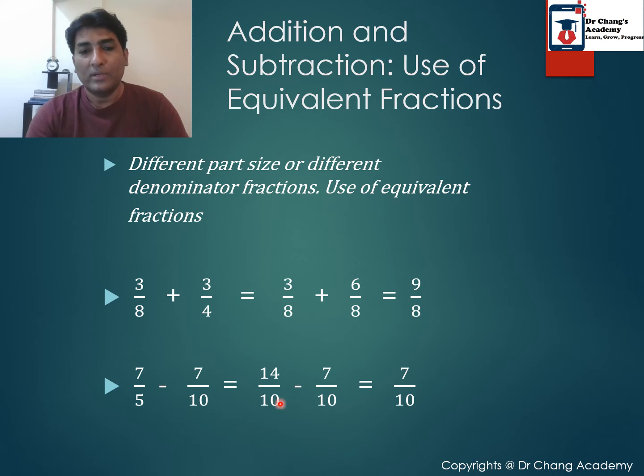Okay, so when we have same denominator, same part size, we just subtract the part, or if we have to add, we just add the part. So in this case we have to subtract, so 14 minus 7 is 7, so 7/10 is the answer. All right, so these are just two examples to help you.